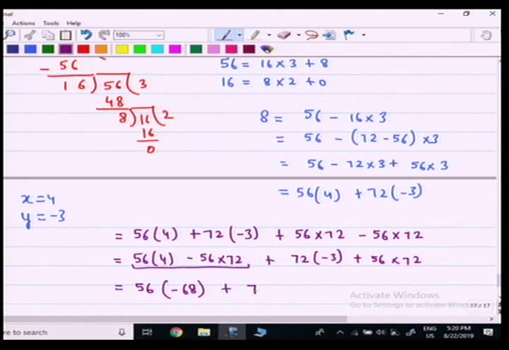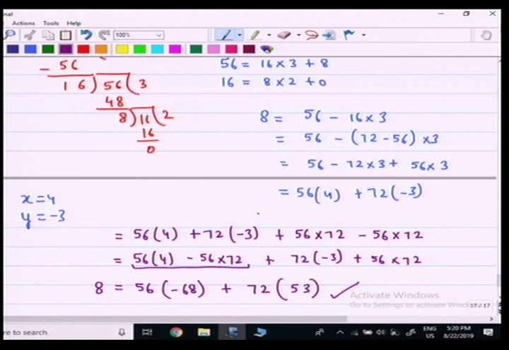And taking 72 as common, we will be left with minus 3 plus 56, which is 53. So again we can write this 8 as 56 into minus 68 plus 72 into 53.